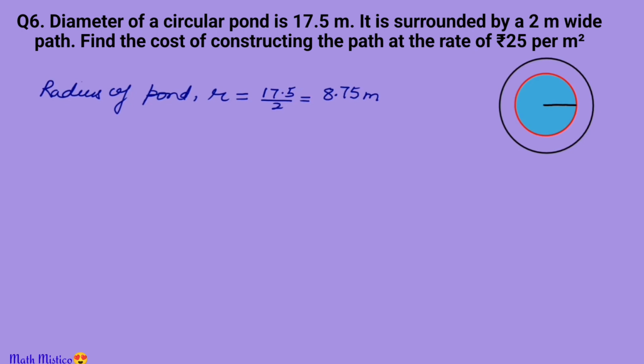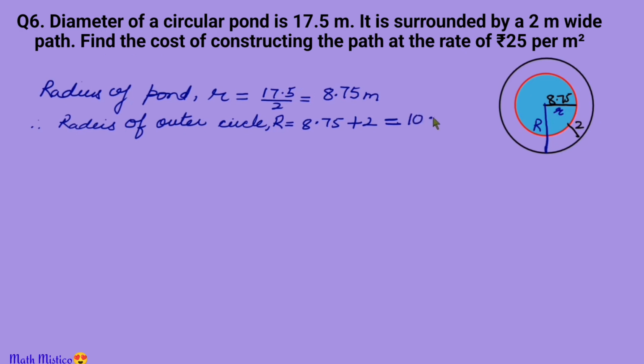Let us denote it by small r. The width of the path is 2 meters. Let us denote the outer radius by capital R. And therefore the radius of the outer circle will be the sum of inner radius and the width of the path, that is 8.75 plus 2 equal to 10.75 meters.